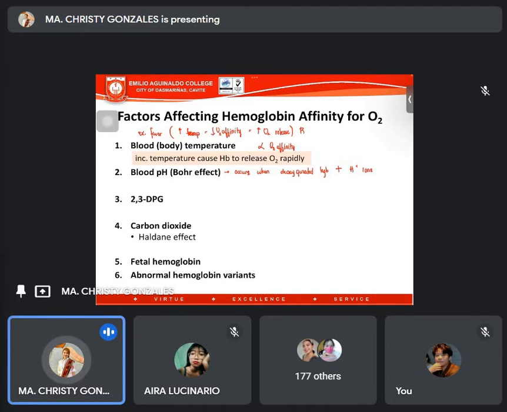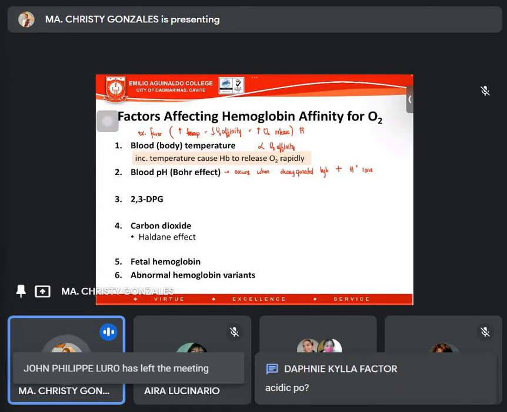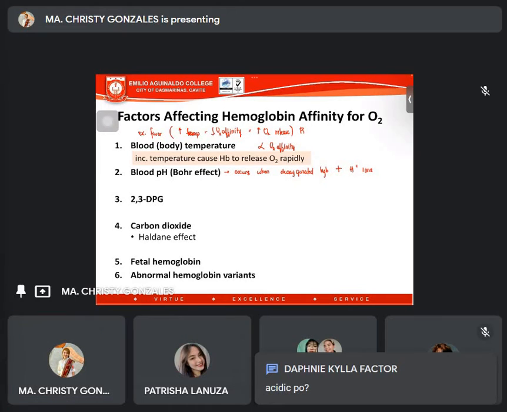Kailan nag-i-increase ang hydrogen ions? Acidic or alkaline? Acidic.